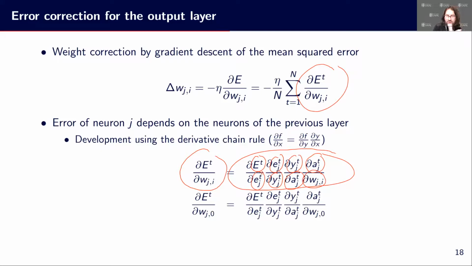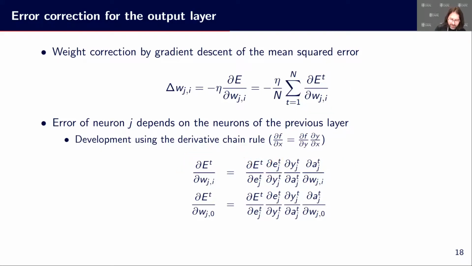So we are developing this, corresponding to the flow that we have in our model. We have the squared error for all outputs. Then we look at this according to the error of neuron j. Then we look at the link between the error of neuron j versus the output of neuron j.